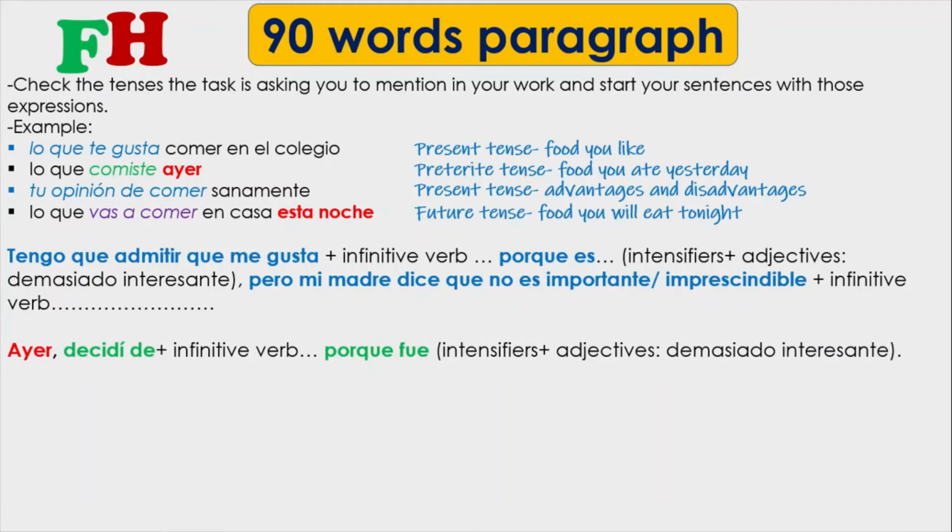So in this case, you'll start with ayer, then you need to put decidí followed by an infinitive. Decidí comer. So yesterday I decided to eat. And then because it was, and then you put your intensifiers and adjectives, because it was demasiado interesante, for example.